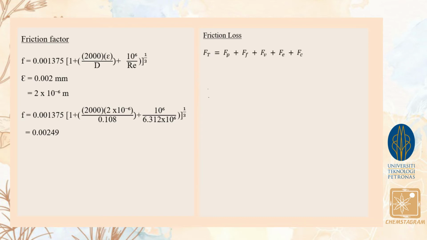The total friction loss is equal to friction pipe plus friction fitting plus friction valve plus friction expansion and plus friction contraction. Then our formula will be in this form. In the pipe, we have two 90-degree long radius elbows, so our coefficient for fitting is 0.92. For valve, we use globe valve and check valve, so we got 8.3 for our coefficient of valve.